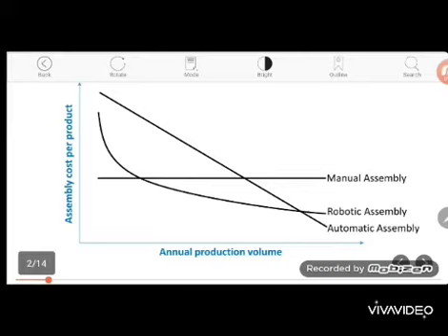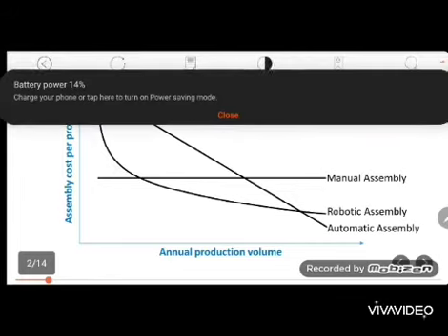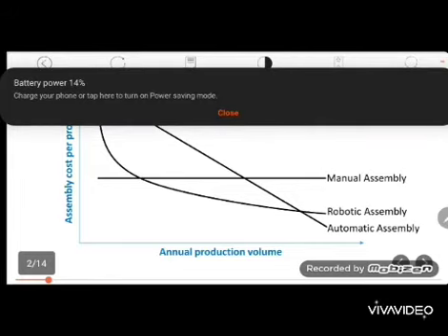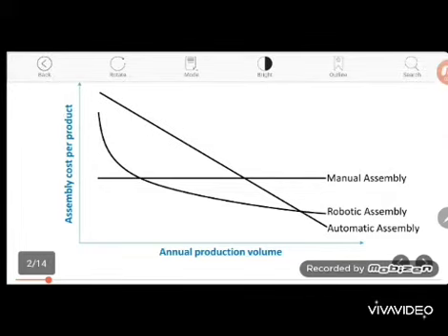It means the overhead cost of doing the assembly layout, the production setup, is worth it if the production is big. Robotics is when it grows slightly exponentially along the production period. And manual assembly is when the production and the costs are stagnant.